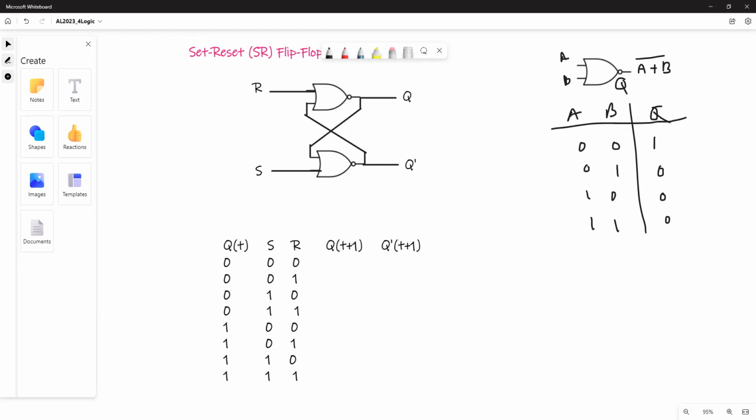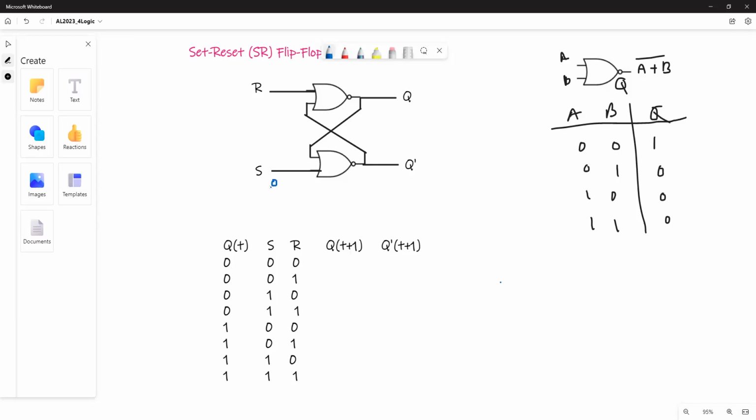Okay. Now, let's look at how this circuit works. In the exam, you don't have to remember everything, but let me show how we are going to do this. So let's carefully look at how this will work. First of all, you have to look at S and R. Now let me put values. Initially we have 0, 0.